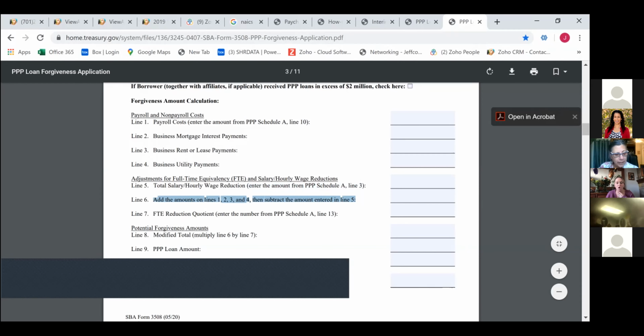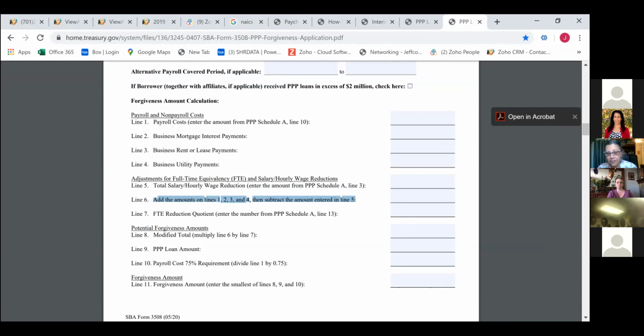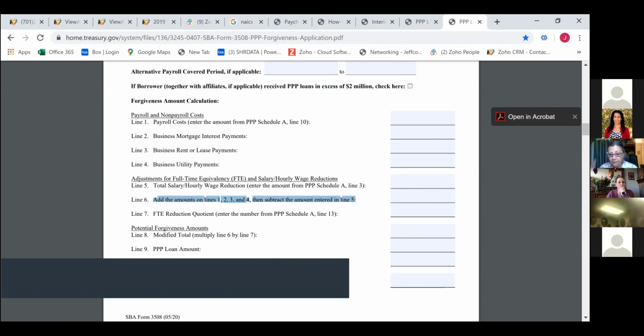What goes on line 6 is the total of line 1, 2, 3, and 4 on your worksheet, and then subtract anything from box 5. I'm sorry. This gets a little confusing and I'm making it more confusing. So line 6 is the line 1, 2, 3, and 4 from the worksheet on page 5 minus line 5 above, okay?